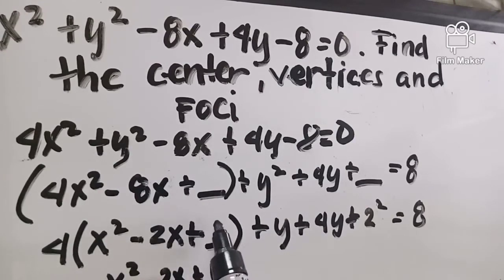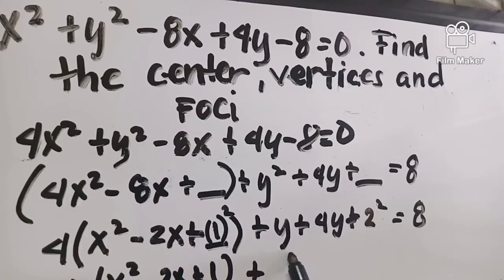So, 1 times 1, 1, and then 4, and then ito magiging y plus 2 squared. Tama ba?